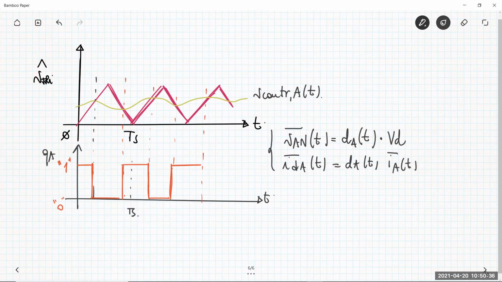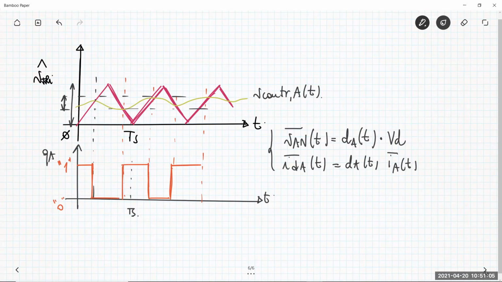Average quantities. And now suppose that I have the control voltage that has a dynamic. The dynamic is the values that can be assumed by the control voltage that are within the dynamic of the triangular wave, like in this way.